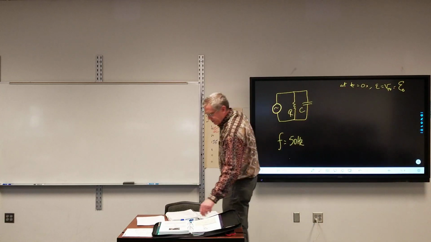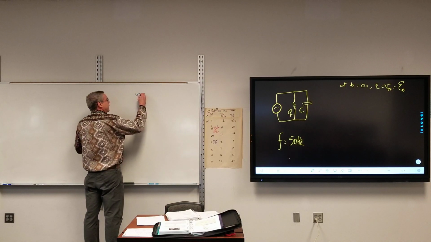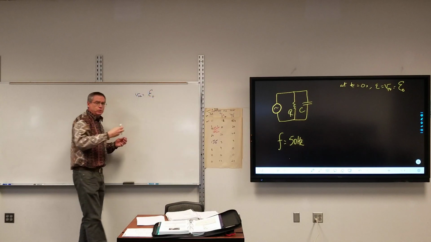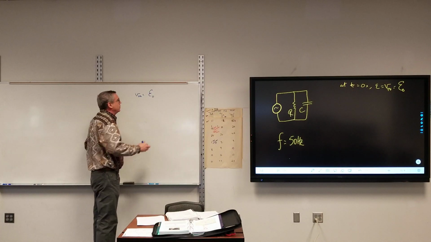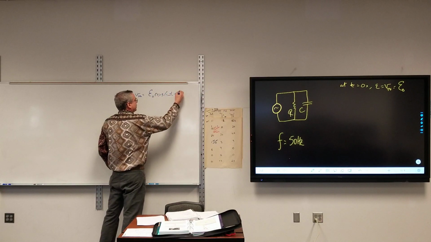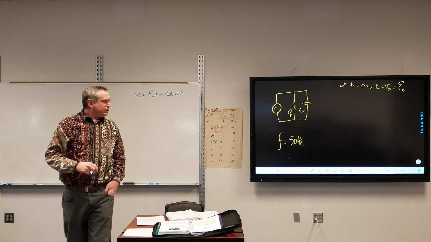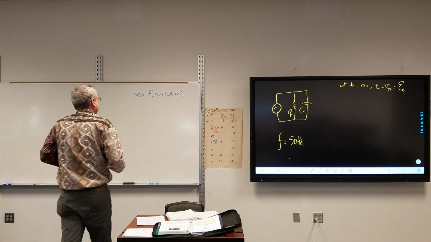So to refresh your memories from so long ago, the voltage coming across the power supply is equal to some amplitude, because again, we have this sine or cosine function oscillating back and forth, times the cosine of omega t plus phi. And by saying that time is equal to 0, I'm at the peak.